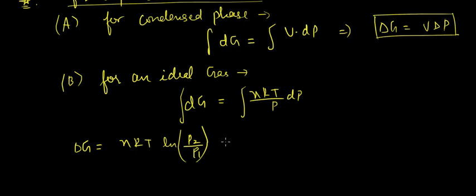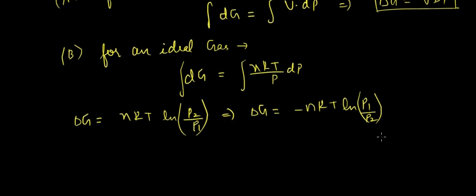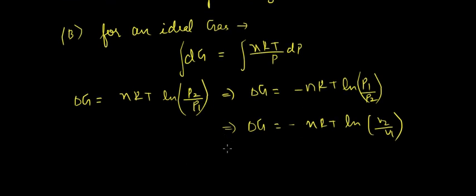This can be further written as delta G equal to minus nRT ln P1 upon P2, and this could be written as minus nRT ln V2 upon V1. So this is nothing but the work done by a reversible process in isothermal conditions. Okay.